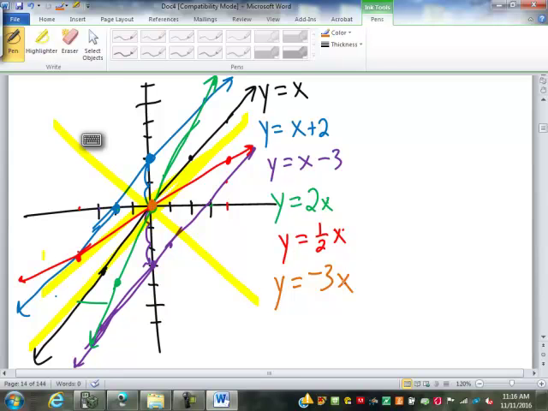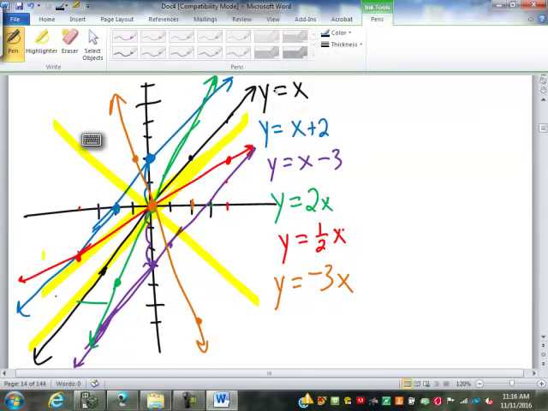If x is -1, what's -3 times -1? +3. So -1, +3. If x is +2, -3 times +2 is -6. So y would be -6. So that does give us a line that angles down across our graph.